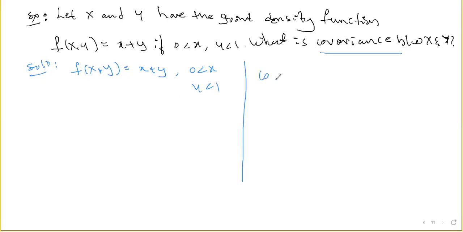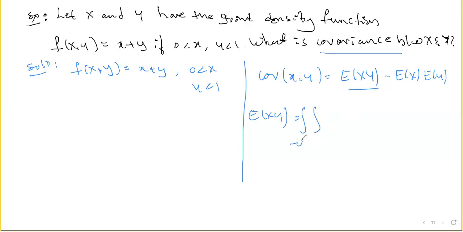So our covariance of x comma y is given by expected value of xy minus expected value of x into expected value of y. But how to find out expected value of xy? Expected value of xy is nothing but double integration minus infinity to infinity xy f of x comma y dx dy.